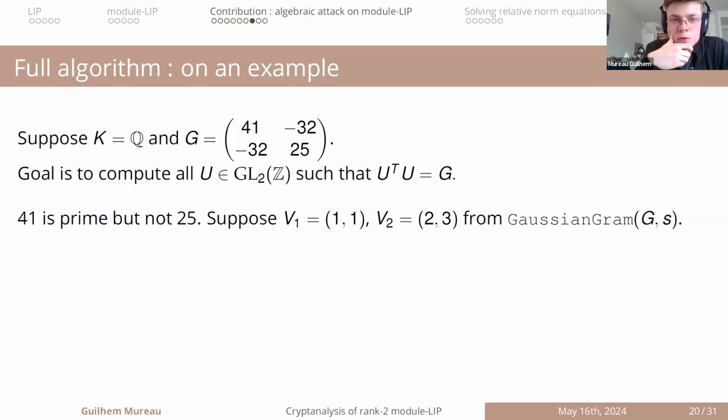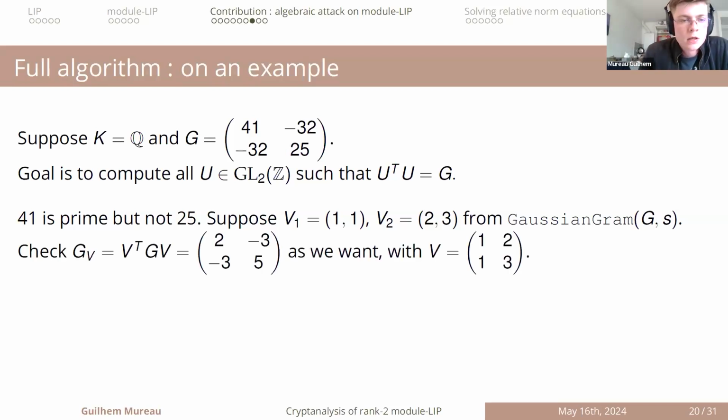For the diagonal coefficients, the first one is prime, but not the second one. So we will do the randomization step and suppose that we pick these two vectors with Gaussian sampling. We compute the new Gram matrix, and this is exactly as we want. We get prime coefficients on the diagonal.